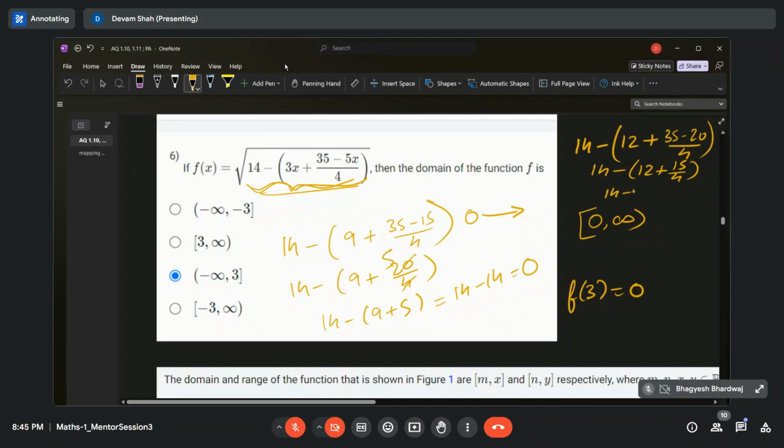So 14 minus 12 minus 15 by 4. What is this? 14 minus 12 is 2. 2 minus 15 by 4. Again, some addition mistake.